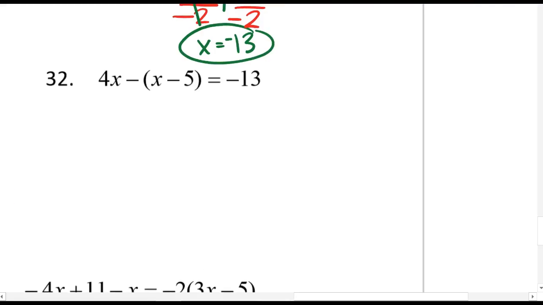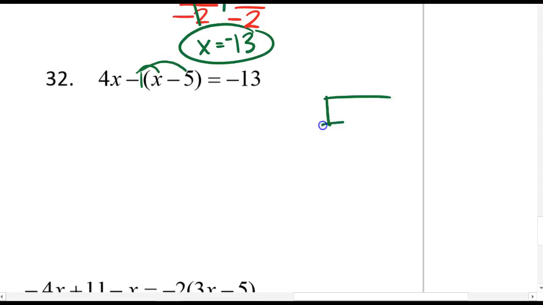Now again, when you see the parentheses, that means we need to simplify first. Okay? Now, here's where you got to be careful. Usually when you see parentheses, you think multiply, right? Well, you're right. Because here, in front of this parentheses, there is a negative 1. So what you're actually going to do is distribute that negative 1 all the way across.